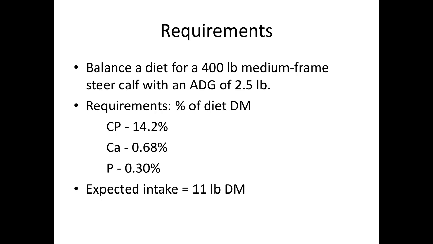So the requirements are 14.2% crude protein on a dry matter basis, 0.68% calcium on a dry matter basis, and 0.3% phosphorus on a dry matter basis. Next, we know that the steer calf is going to be consuming roughly 11 pounds of dry matter per day.